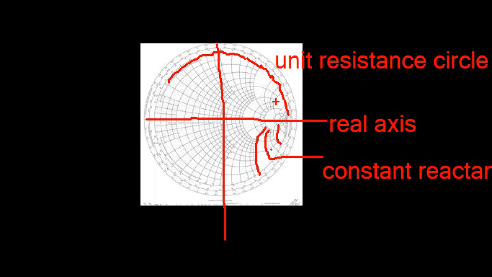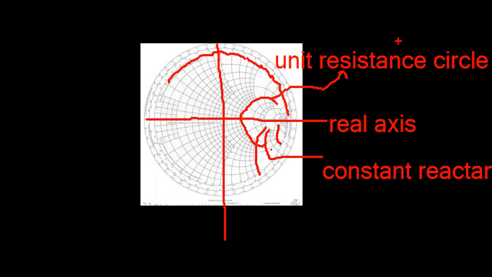And the circle you already know, we have drawn it: the constant resistance circle. You know this, not a unit circle but a constant resistance circle. This entire outer circle will be the unit circle. So these are a few things you can represent on the chart.